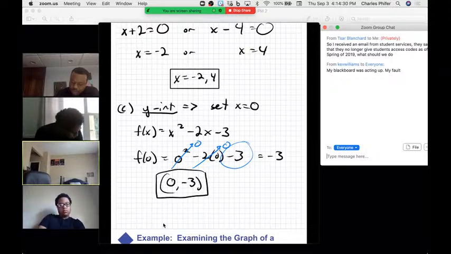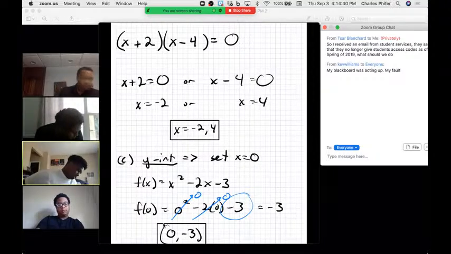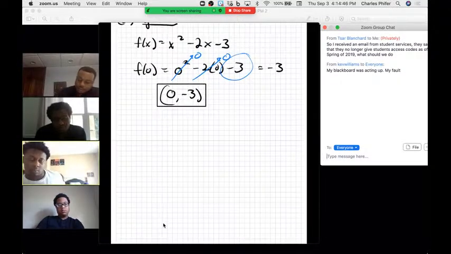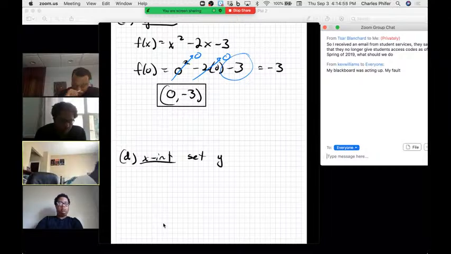And then the x-intercept, let me just go ahead and start on another page. So then part D, again, for the x-intercept, we're going to set y equal to 0. Okay?